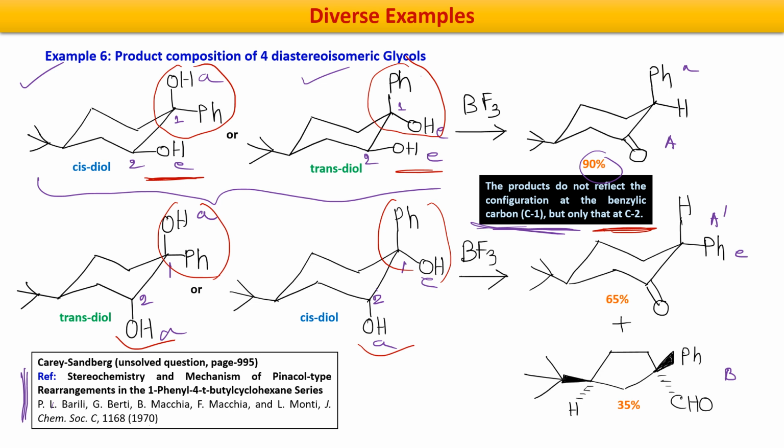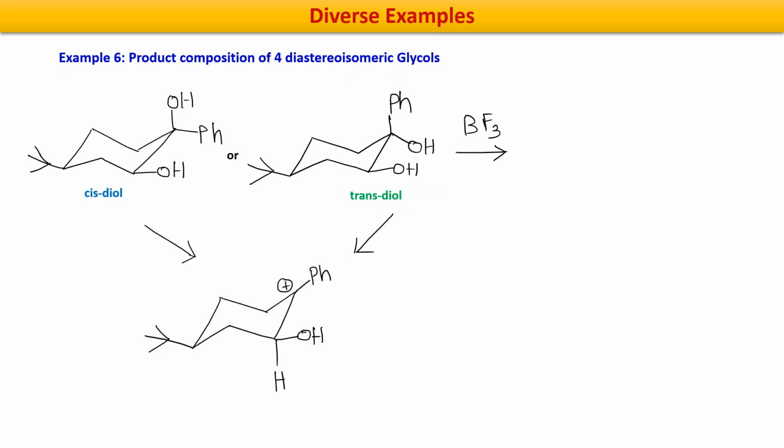For the first 2 molecules, a cis diol and a trans diol, what is happening here? Among these 2 OH, obviously with BF3, water will not be generated. There will be some complex between this Lewis acid and the OH. So it will make some complex here, and there will be a carbocation-type nature, not a fully formed carbocation.